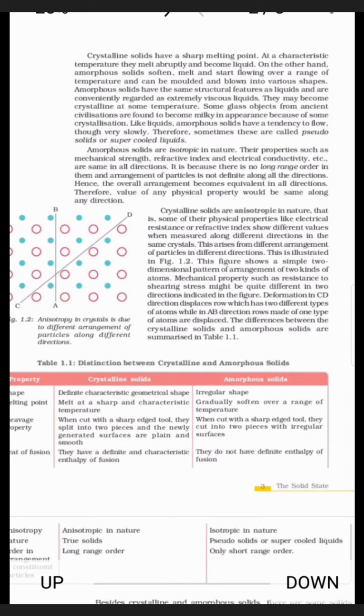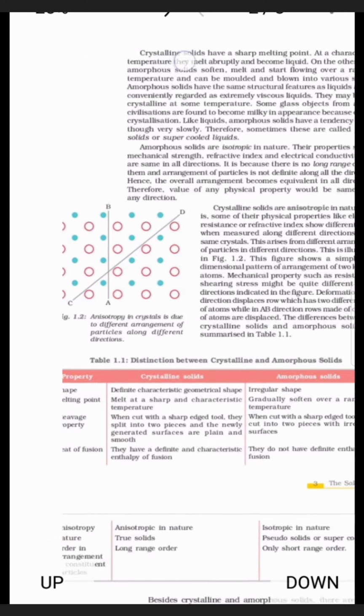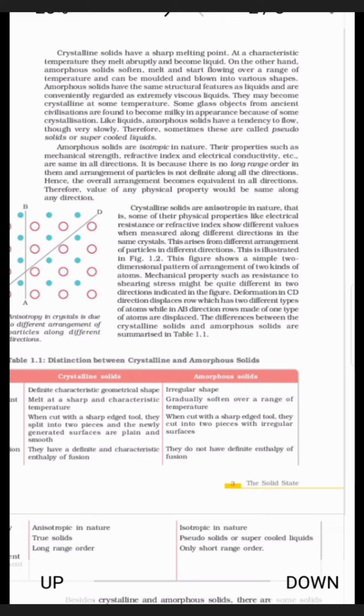Then we can give some more properties of crystalline structure. Because of the specific ordered arrangement, they will have a sharp melting point. That means at a particular temperature they try to become a liquid structure.